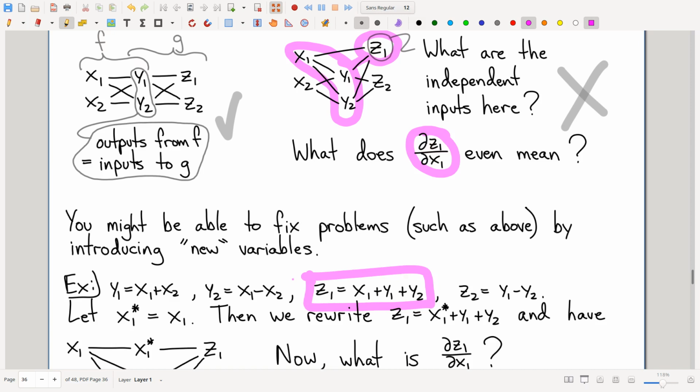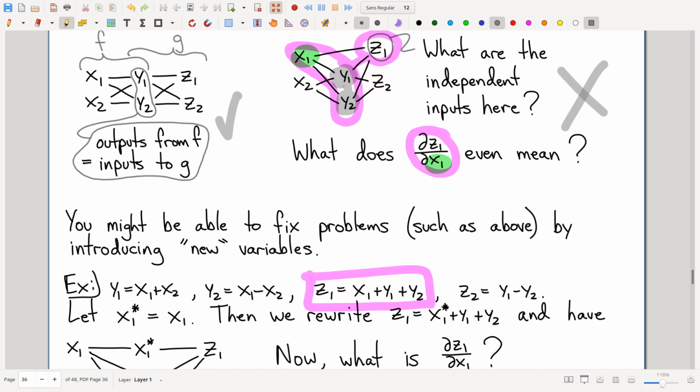Okay, a partial derivative with respect to x1 means that I let that be a variable and hold the other variables constant, but I can't vary x1 and require y1 and y2 to be constant, because y1 is a function of x1.